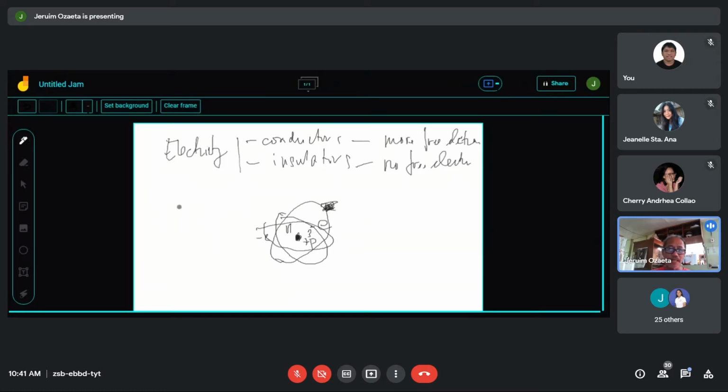You understand this very well, that positive and negative charges attract, di ba? There is a force of attraction between the positive and negative charge.